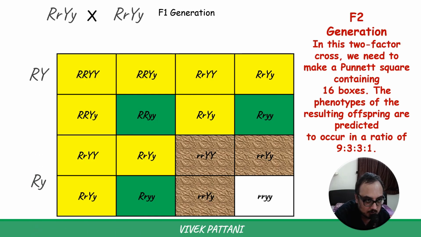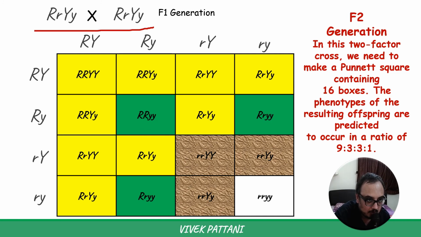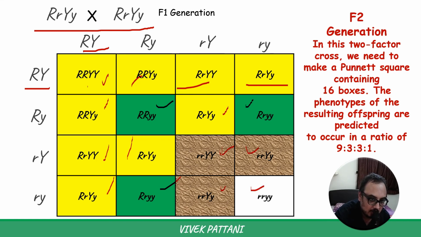Now in the F2 generation, by using the Punnett Square again and crossing the F1 generation, RY, meaning round yellow, you can check here carefully: 9 of them are yellow, 3 of them are green, these are the wrinkled yellow ones, and one is the wrinkled green one.